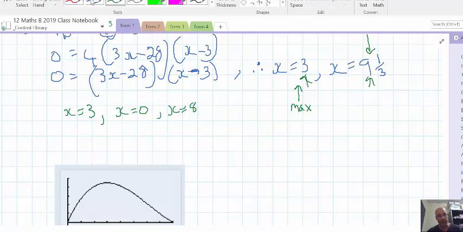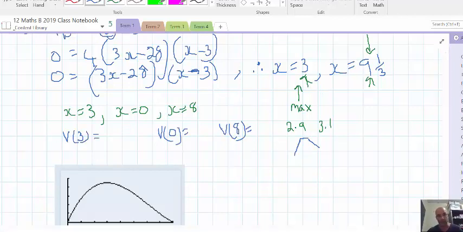We can do that by checking just either side. As we've seen previously, you take values either side of 3, so you might try 2.9 and 3.1, and you'll find that it works as a maximum because you have a positive value for the derivative, which is a positive gradient, stationary point, and then afterwards it has a negative gradient.